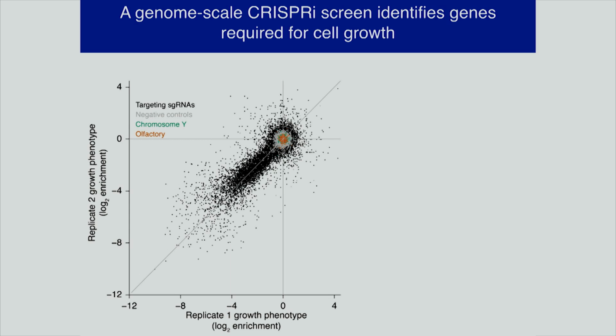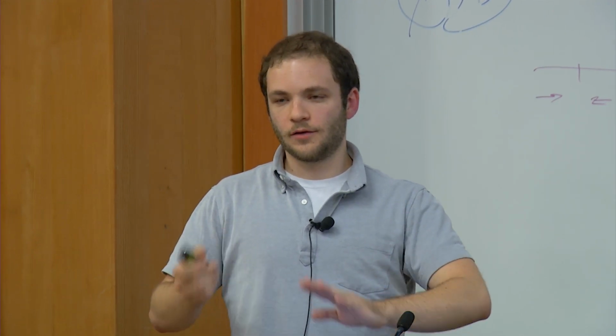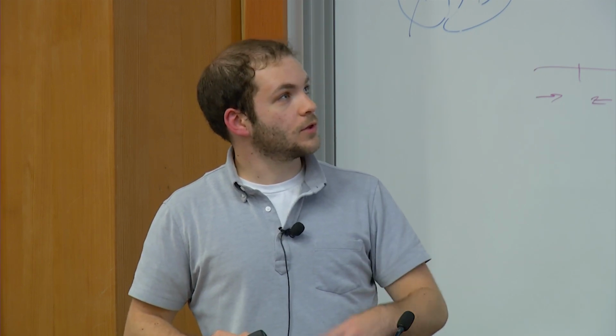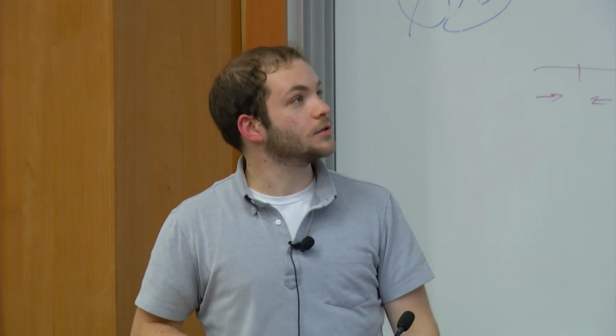This is not something that was often seen with shRNA, because even if you've designed an shRNA that doesn't target anything, it still has off targets to other genes. And so you'd often see that, even though they were usually centered around 0, they would correlate with each other, which meant that there was some true signal in the negative control.